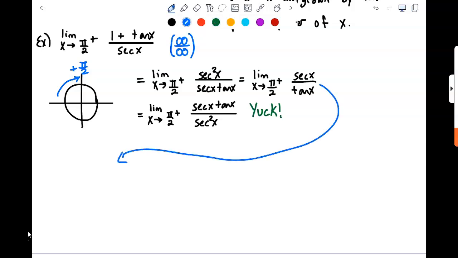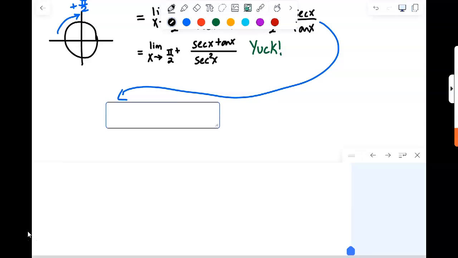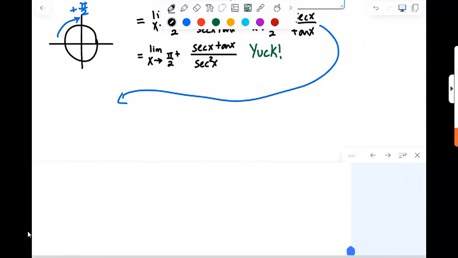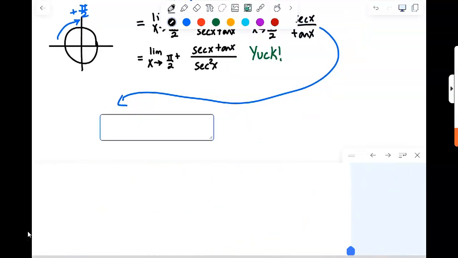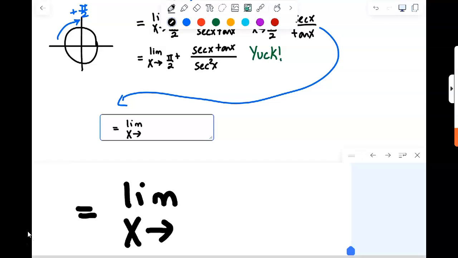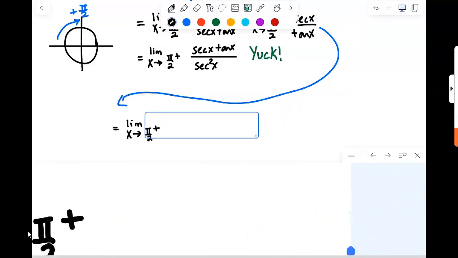So what I'm going to do is take this thing and rewrite it. See if I can do some algebraic manipulating of this thing, to hopefully give us something we can work out. So here's what I do. Limit as x approaches pi over 2 from the right or above. Secant is 1 over cosine.